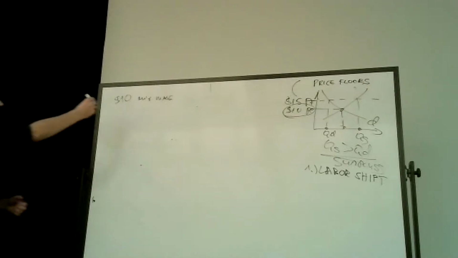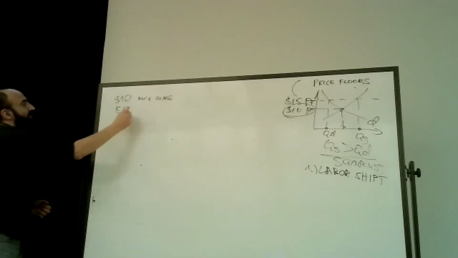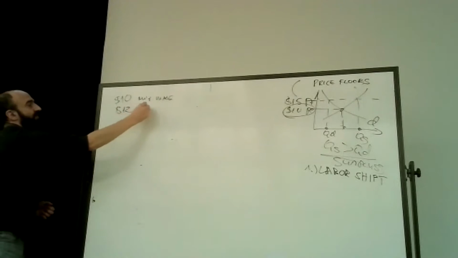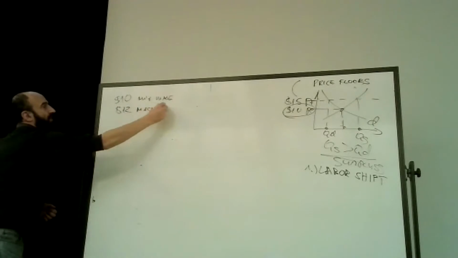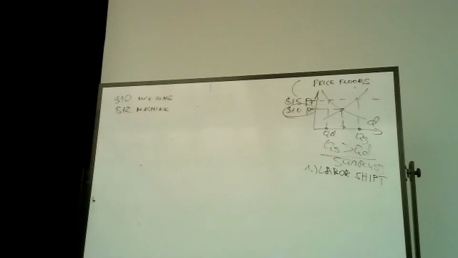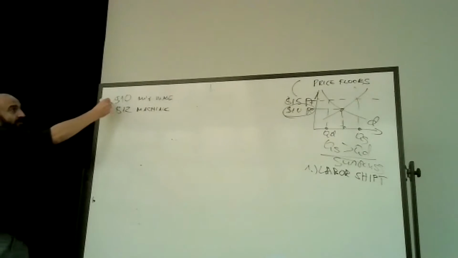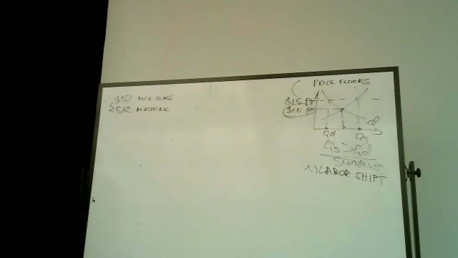So imagine that you can produce the same good with a machine that will cost you $12 per hour to rent or to buy. If there is no minimum wage, you're not going to do that because you will have to pay $2 per hour more. So the minimum wage worker on a free market is a cheaper option to you than a machine.